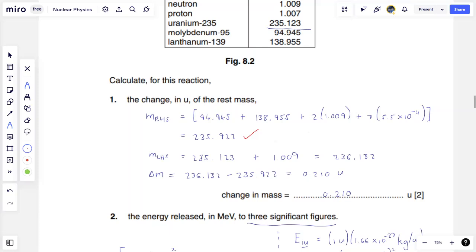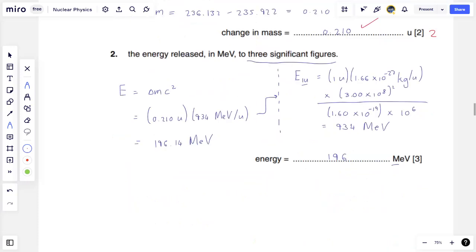Applying it to this equation correctly, 236.132 minus 235.922, and getting an answer, all of that work scores you the 2nd mark. You have to be very careful to make sure you put everything into your calculator correctly. If you need to come back and double check if and when you have time, by all means do so. And then the last sub-question says the energy released.